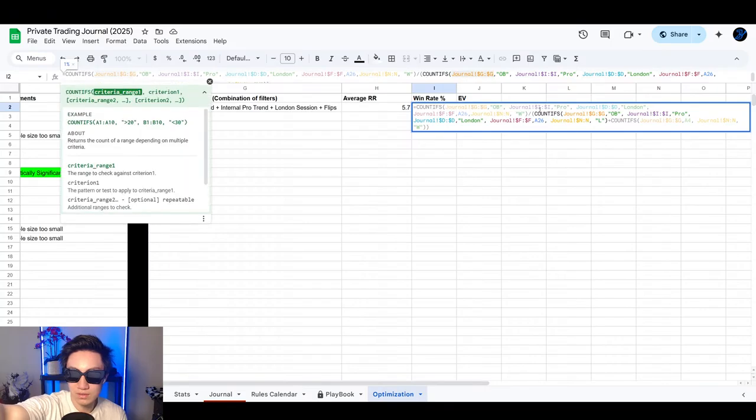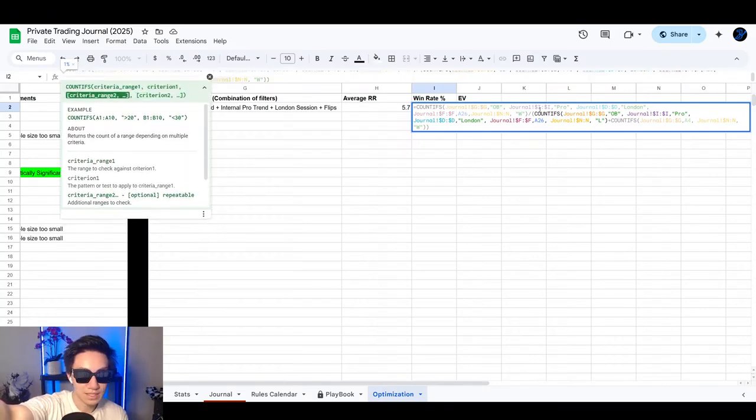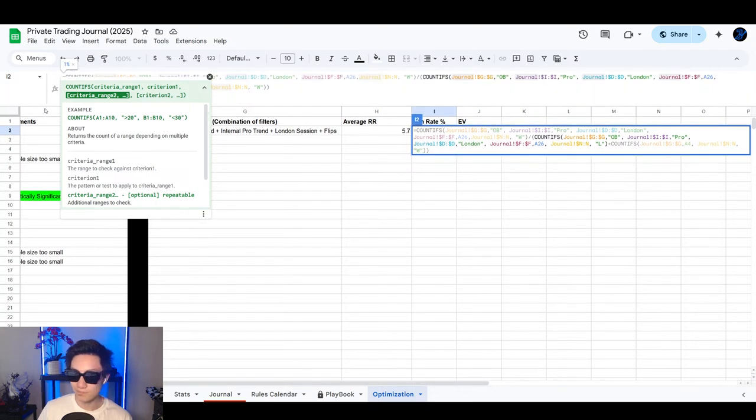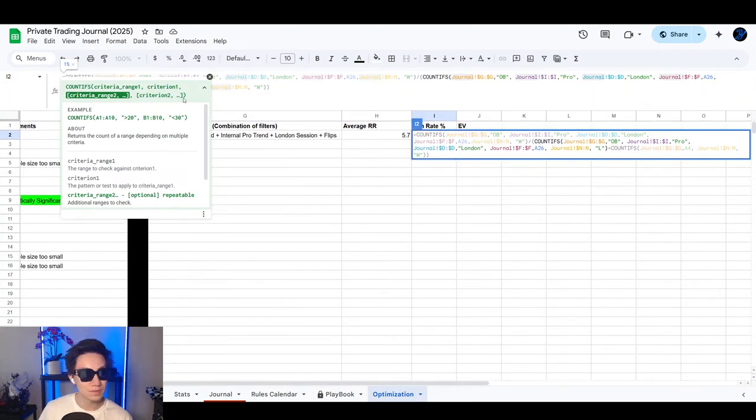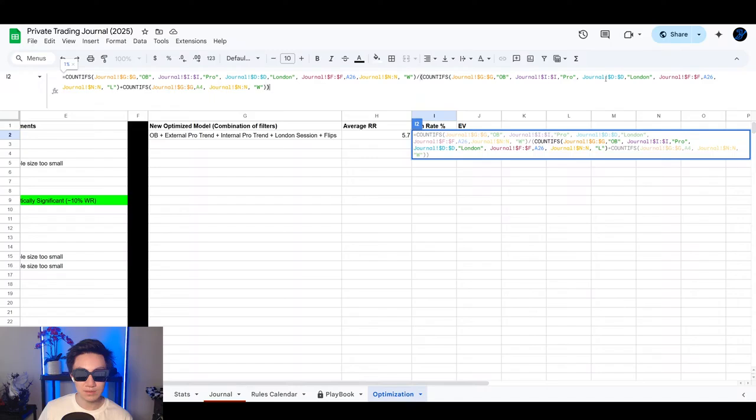Those are the wins. These are all the filters up to London session 826. Now I can't see the bottom. Okay. I'm gonna have to move this down here so we can see the rest.